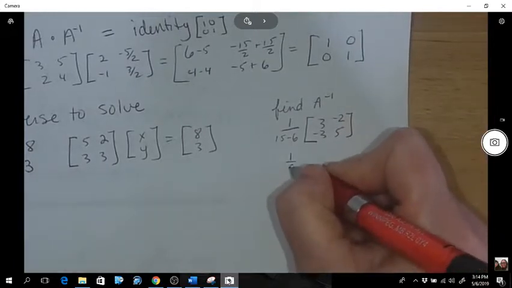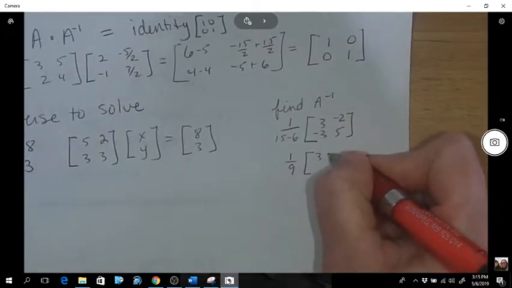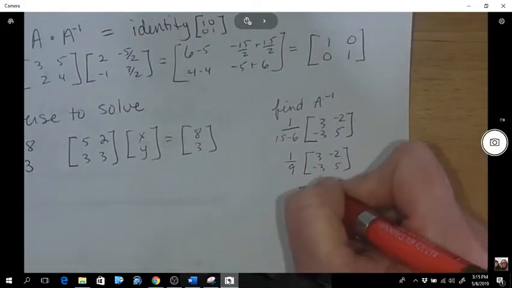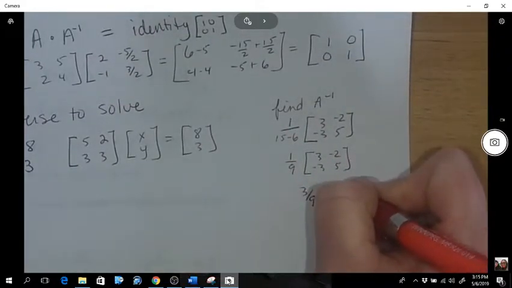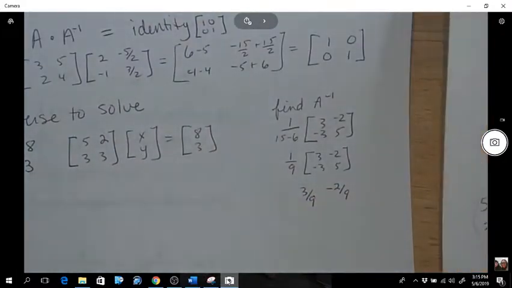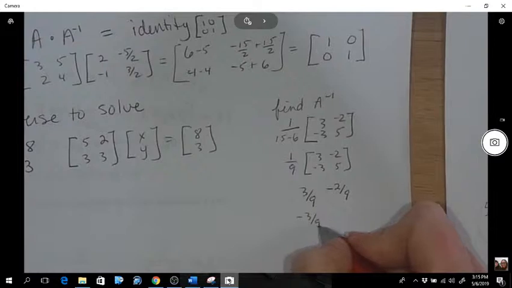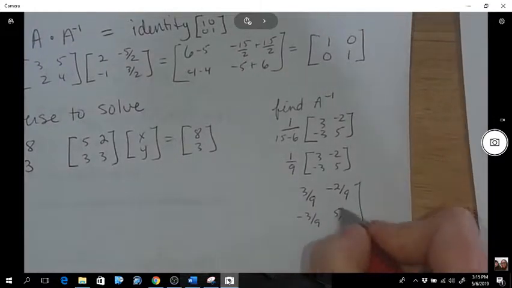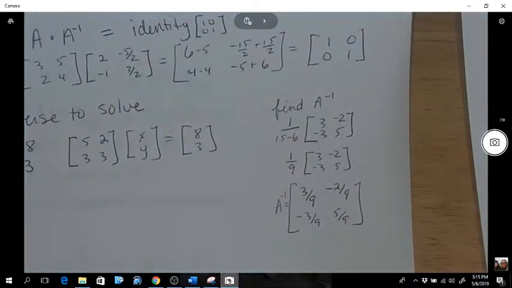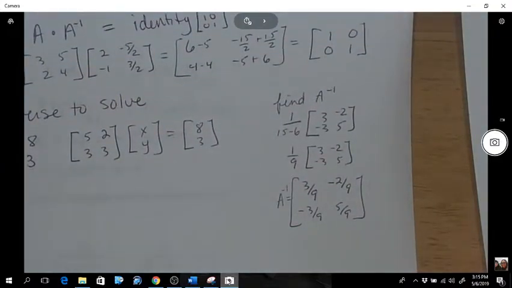So 1/9 of that. So we get 3/9, negative 2/9, negative 3/9, and 5/9. That's our inverse.